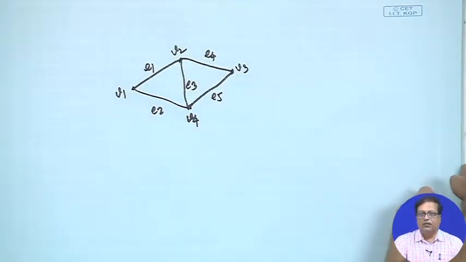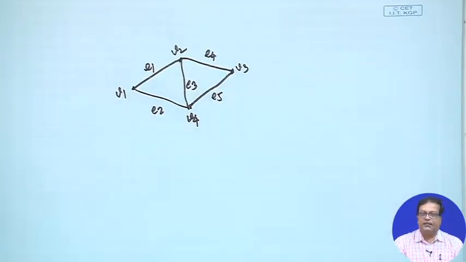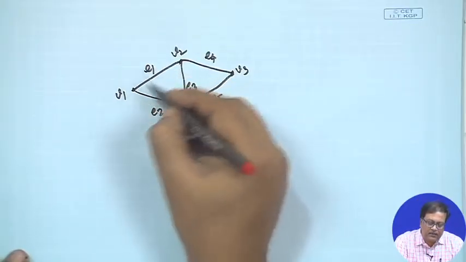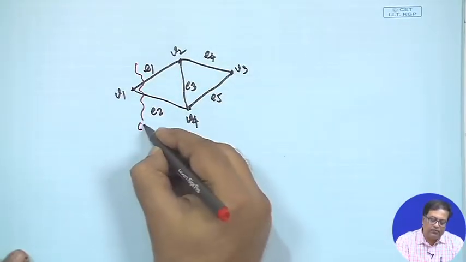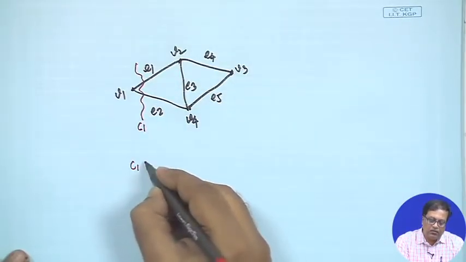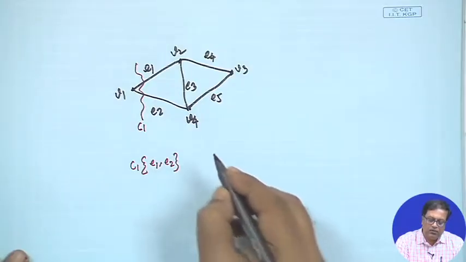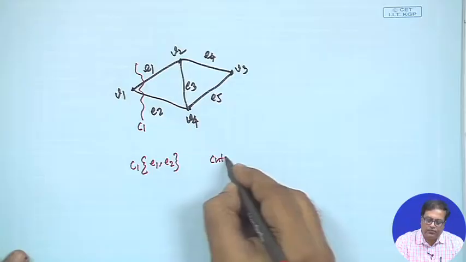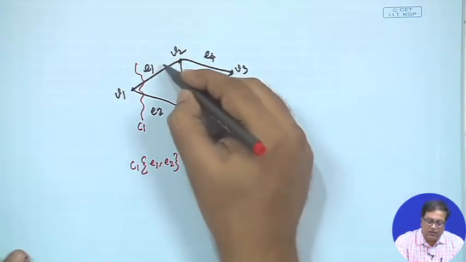What are the different cut sets that you can think of? Let us look at some cut sets. Suppose C1 is E1, E2, it is a cut set. Already we have seen that. What about this one?